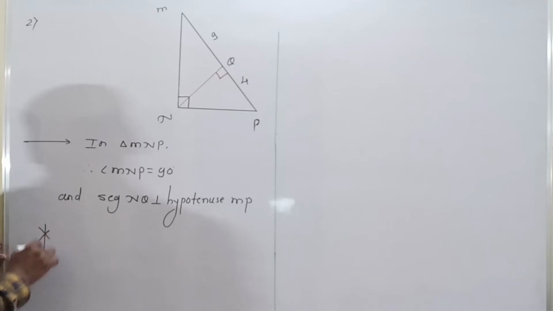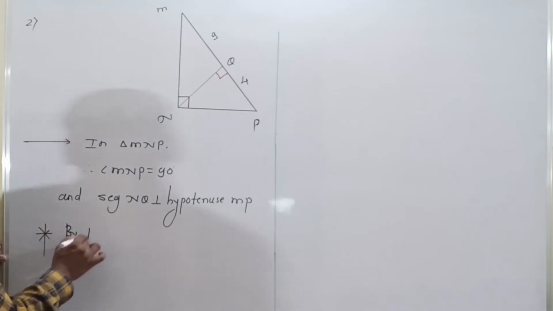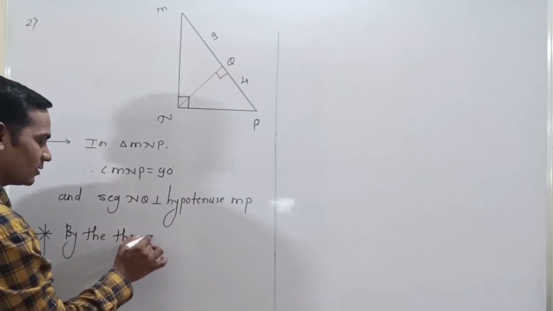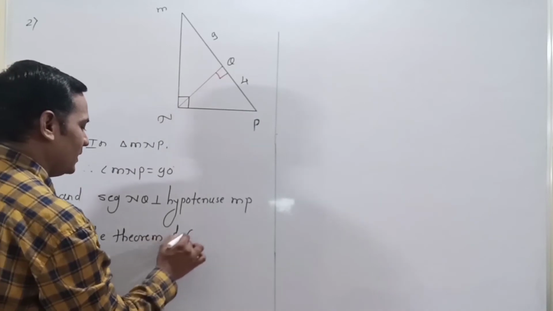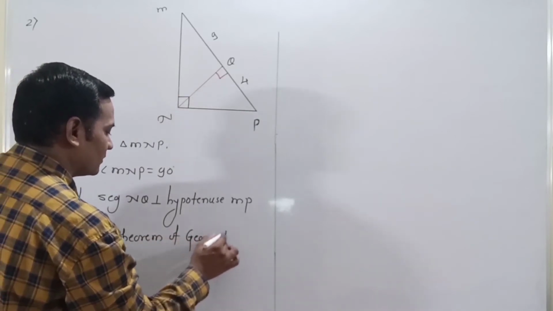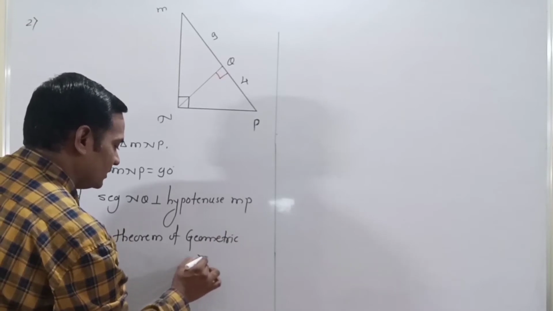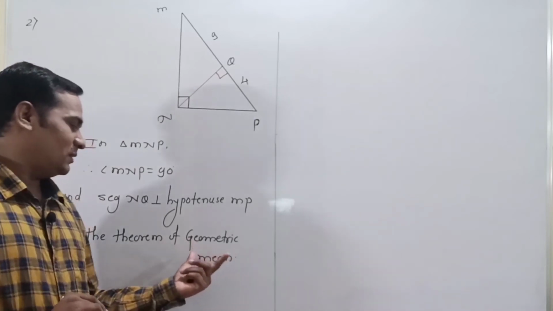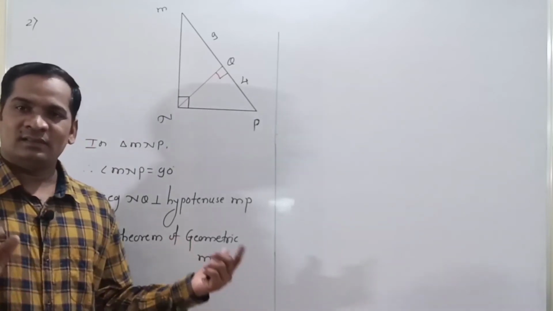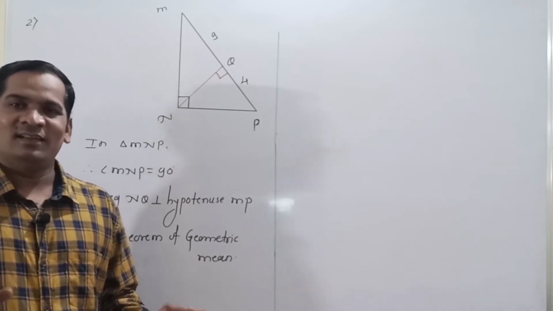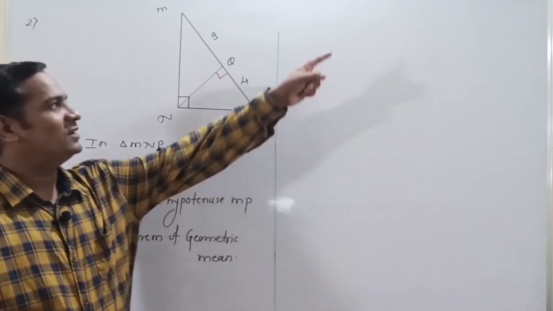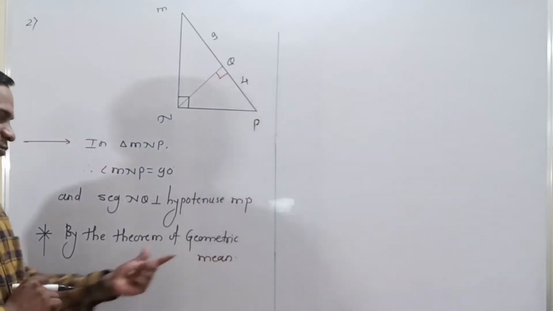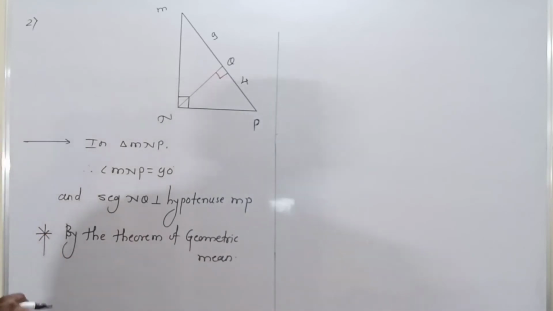So therefore, by the theorem of geometric mean, if you want to know what is that geometric mean, then similarity in a right angle triangle, Pythagoras theorem, you can click over that I button, you will get that video there. Okay, so geometric mean theorem, let's use that geometric mean theorem.